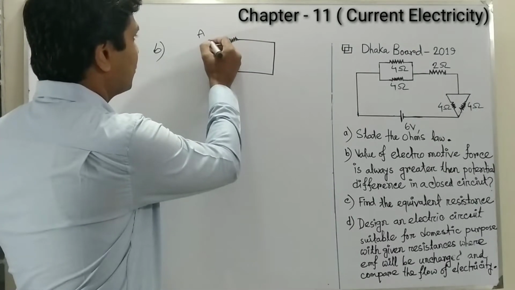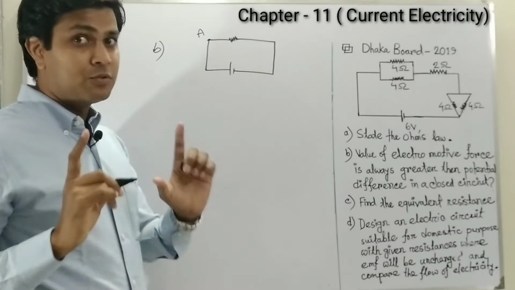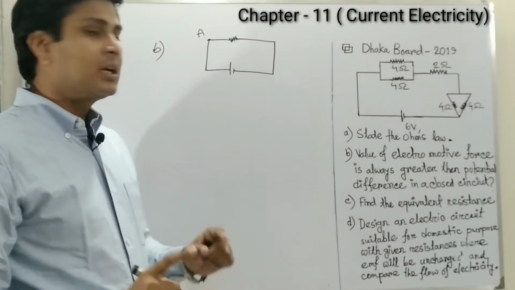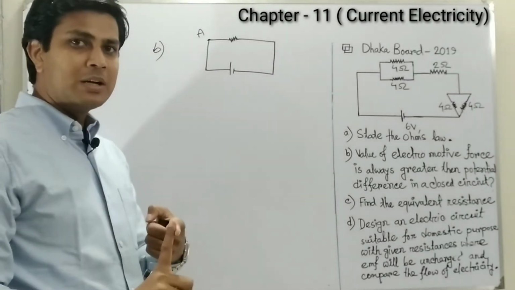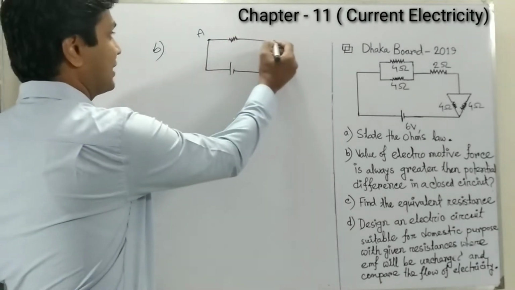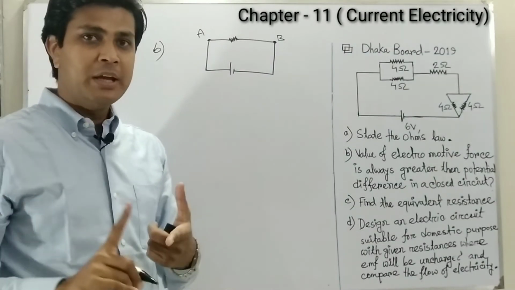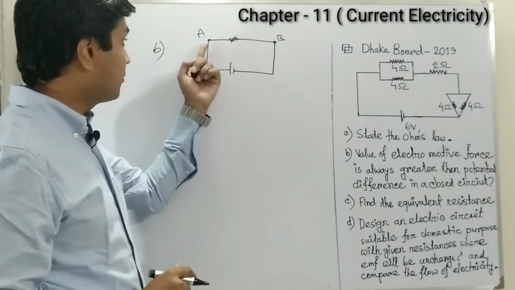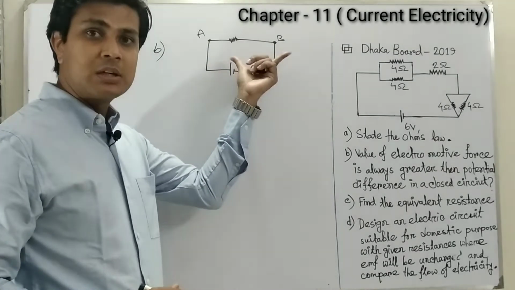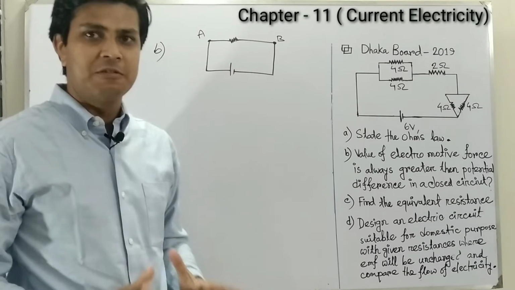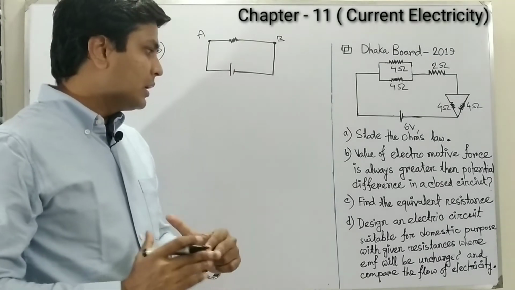And potential difference is the amount of work done to bring a unit of positive charge from one point of the circuit to another point of the circuit. To bring Q amount of charge from point A to B, the amount of work done is called potential difference.